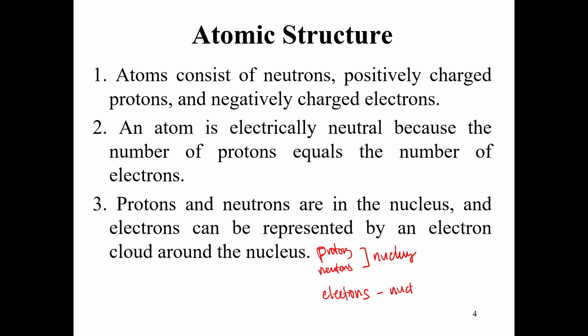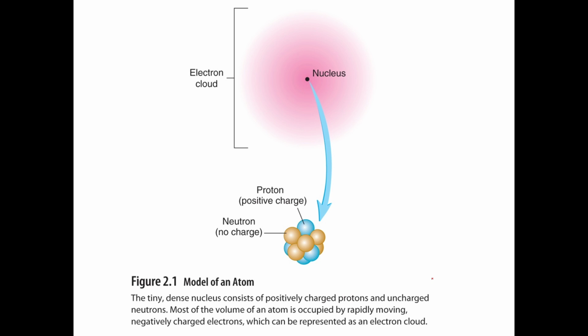Particularly, they are rapidly moving around in the electron cloud. It is represented as a cloud because electrons are so fast moving, they actually exhibit a property that they occupy an area instead of a single point. So this is the structure of an atom.